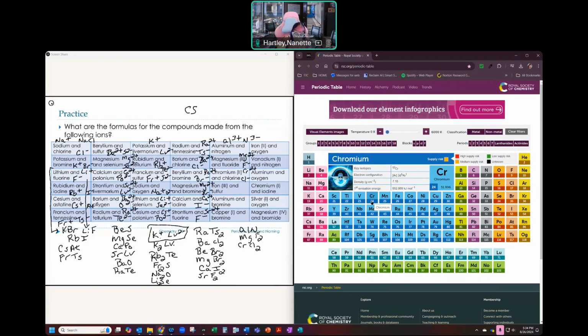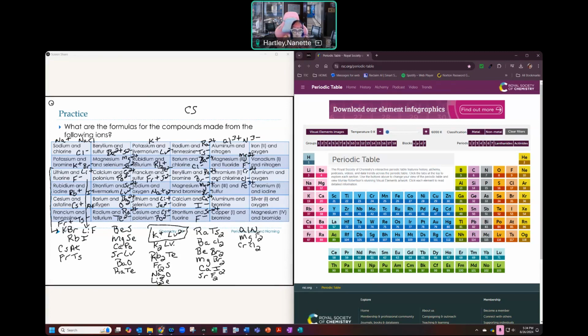Iron 3, that means I have iron, which is Fe3+, because that's the charge he's got. Fe is iron, he has a 3+ charge because that's what this 3 indicates. And then sulfur, again, is here, so he's going to be a 2-.